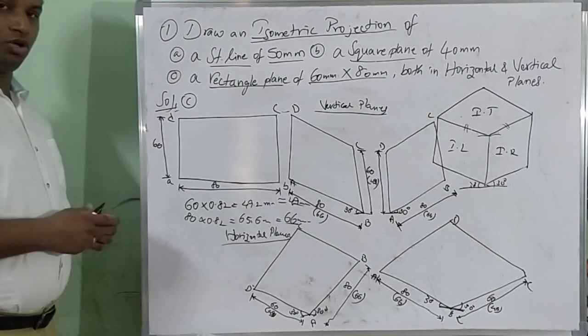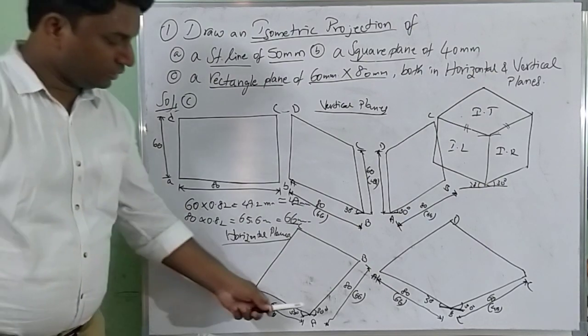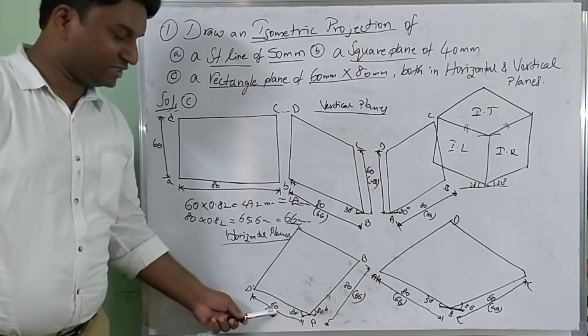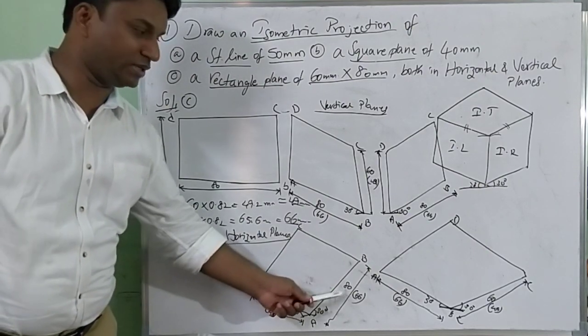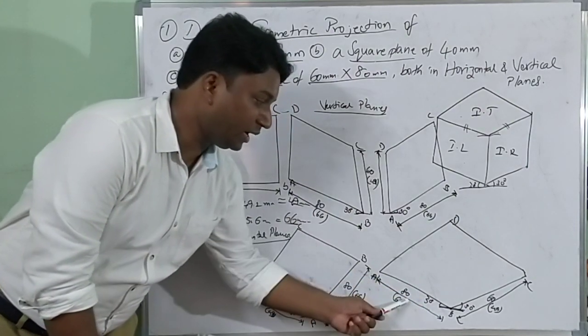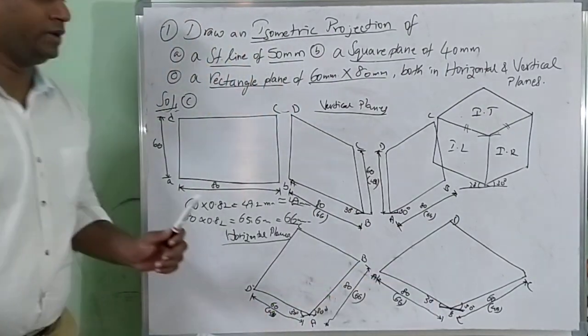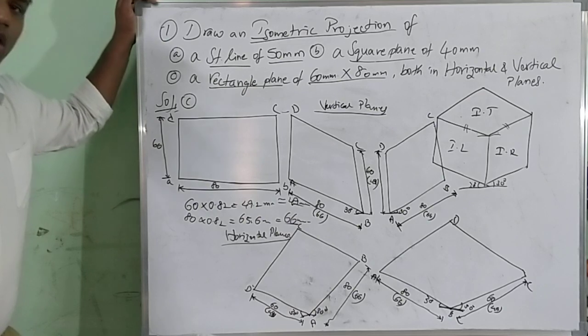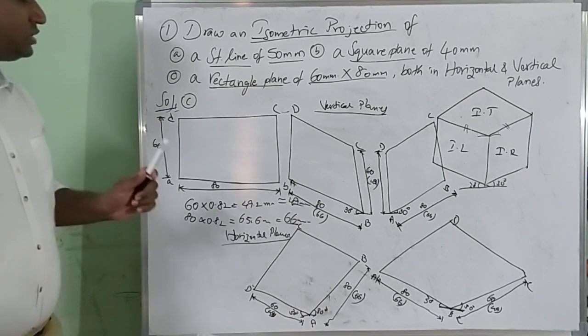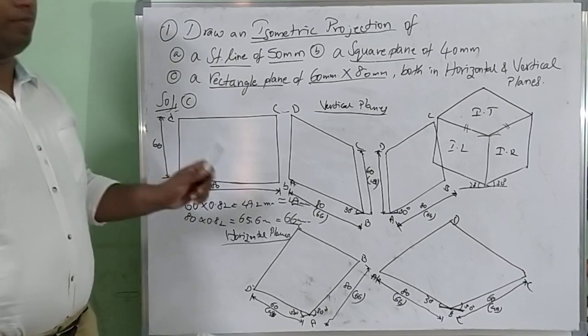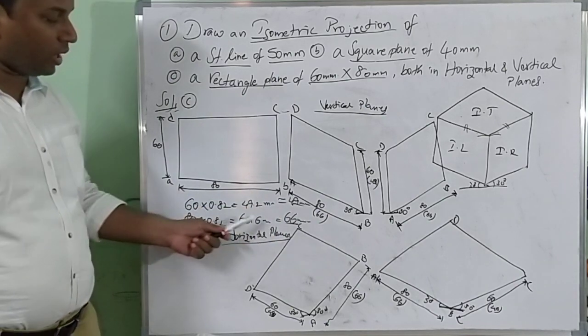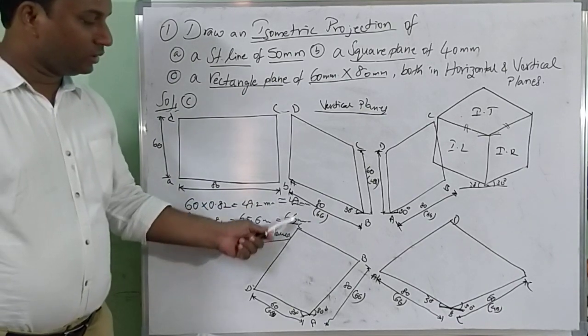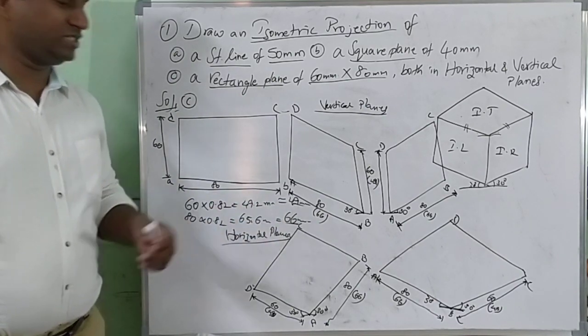See, you observe the difference here. With respect to A, 60 is on the left side, 80 is on the right side. With respect to B, 80 is on the left side, 60 on the right side. See, whenever you are telling the dimensions, use the original numbers, 80, 60. But when you are drawing, you have to show them reduced by the scale, as 49, 66.